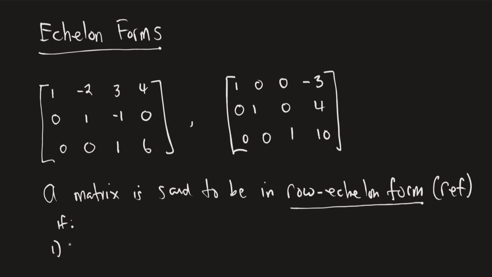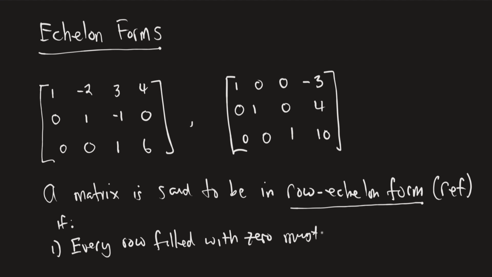Now we haven't encountered this particular property too many times so far, but any rows consisting entirely of 0s must be at the bottom of the matrix. So if every row is filled with zeros, the entire row, it must be at the bottom of the matrix.